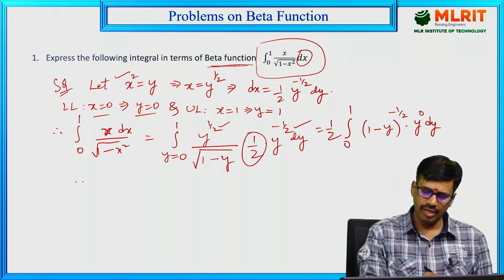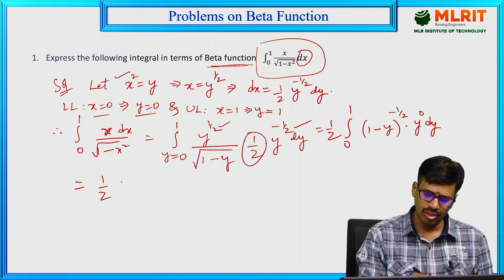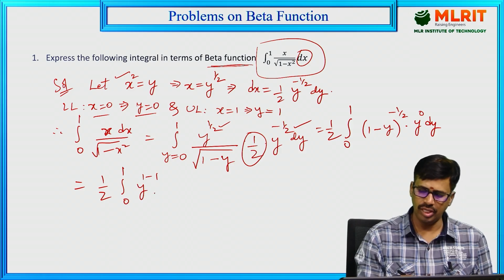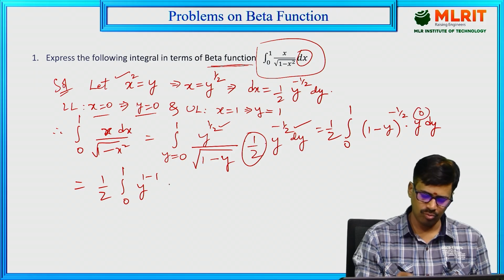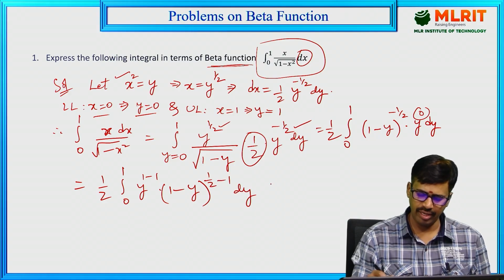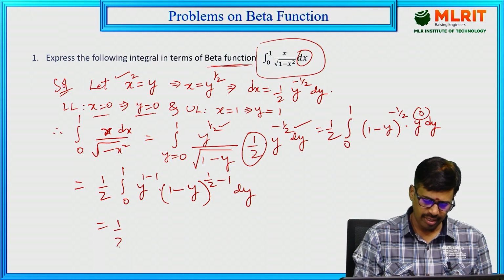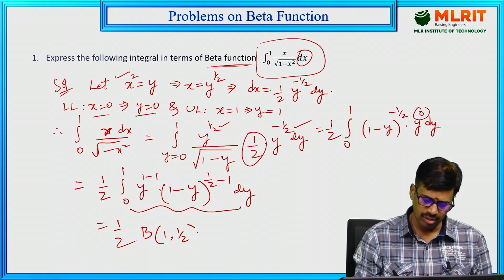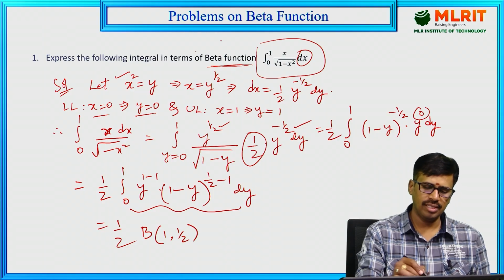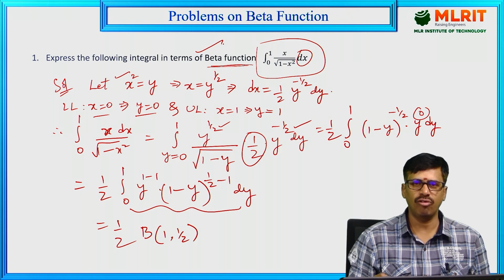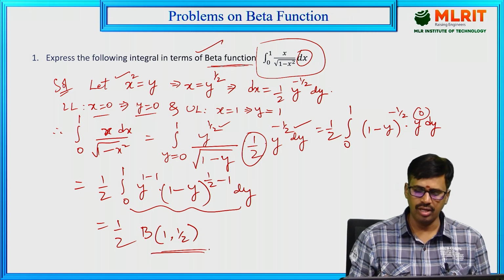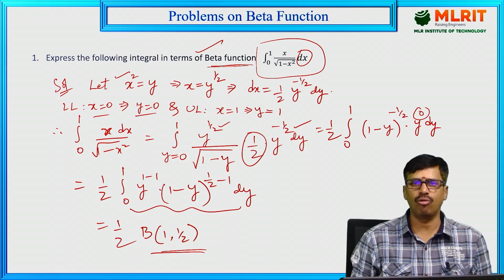So this can be written as 1 by 2 into integral 0 to 1 y power m minus 1, where 0 can be written as 1 minus 1, into 1 minus y whole power n minus 1, where n is 1 by 2, minus 1 dy. So this total integral can be written as beta of 1 comma 1 by 2. This is what is asked, express this integral in terms of beta function. So we got this integral in the form of beta function.